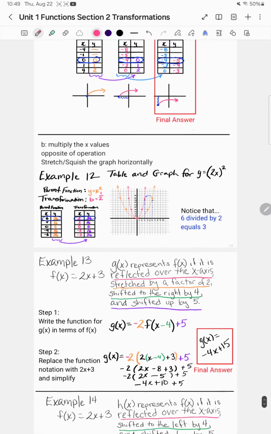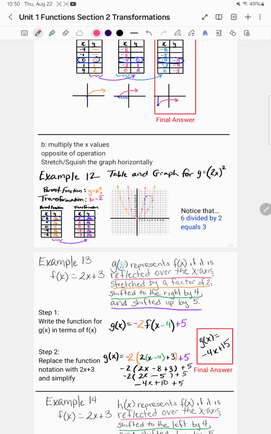We're going to look now at a different type of question, but you'll see these in some of the practice problems that you get. So we just want to talk about how they work. So example 13, we're given this function, f of x equals 2x plus 3. And so then they give us this description.